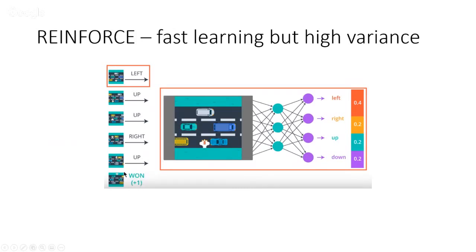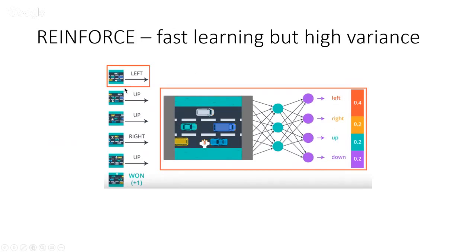So suppose this is the final score, and depending on that, it will either increase or decrease the probability of these actions. So again, to recap, the agent first collects a number of episodes, and it is following a stochastic policy.